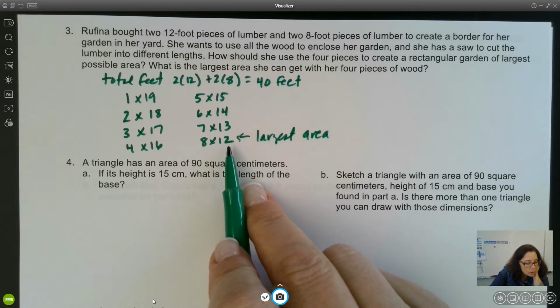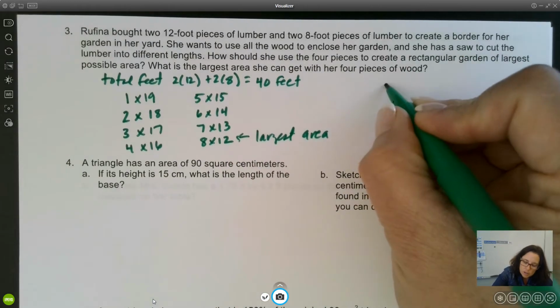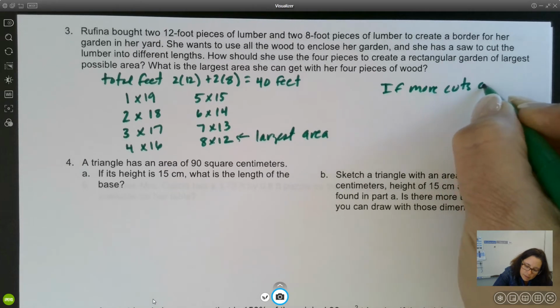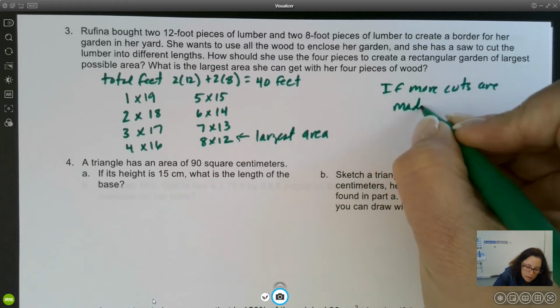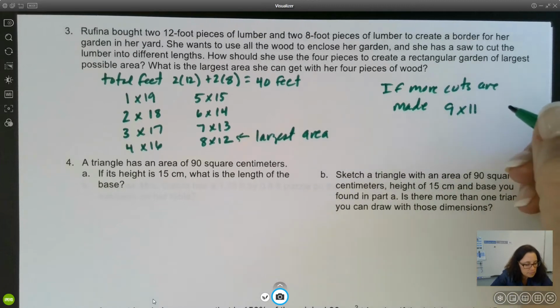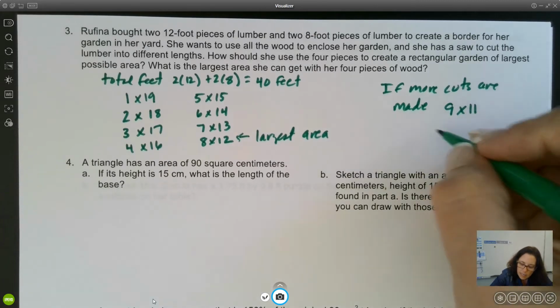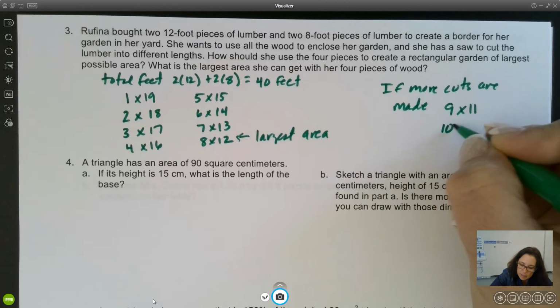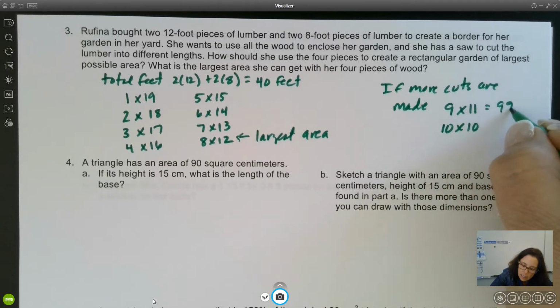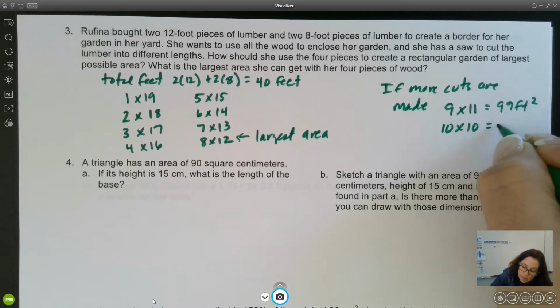And then if more cuts are made, you can think about a 9 by 11. And you can also think about a 10 by 10. This gives us a 99 feet squared area. This gives us 100 feet squared area.